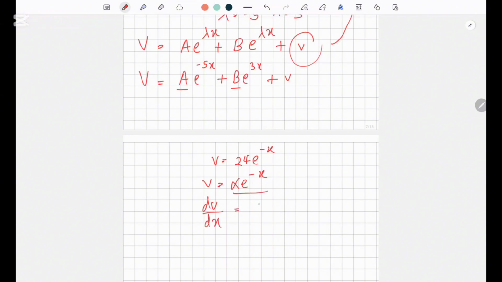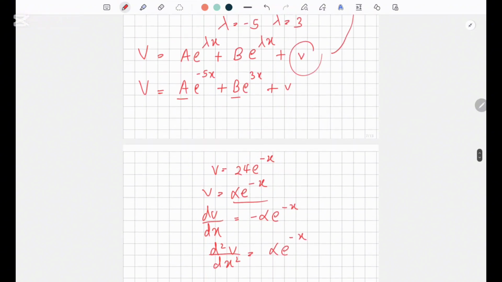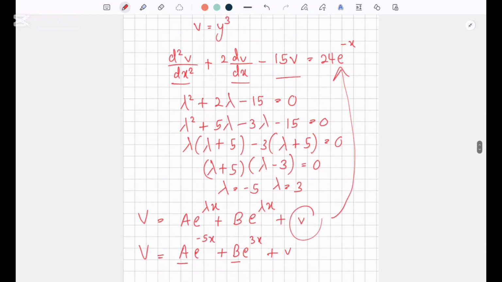So let's differentiate this. So it's minus alpha e to the power minus x. And let's find the second derivative. It's plus alpha e to the power minus x, right? So now we can substitute these back into our differential equation.